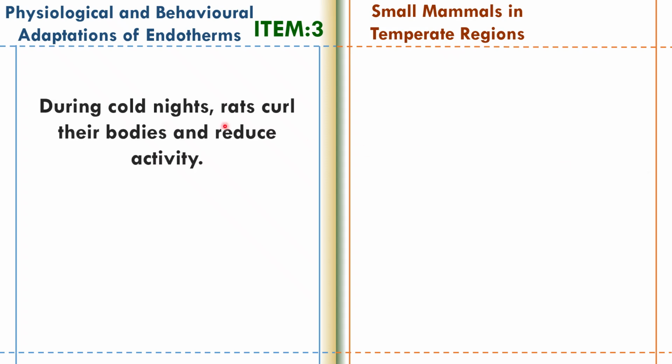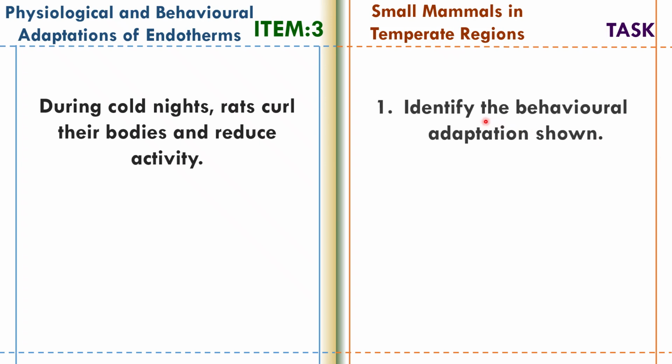Physiological and behavioral adaptation of endotherms, item 3. Small mammals in temperate regions. During cold nights, rats curl their bodies and reduce activity. Task. Identify the behavioral adaptation shown. Explain its significance.